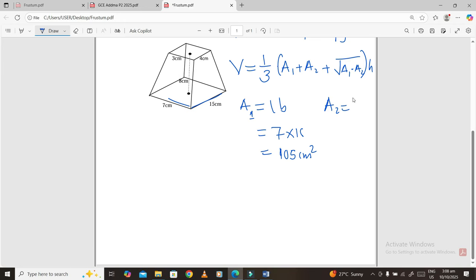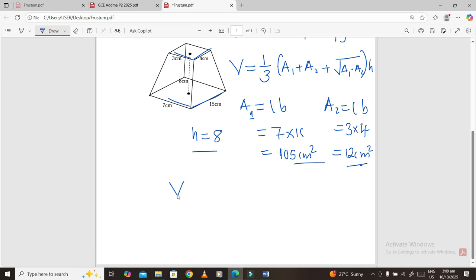Area 2 will also be L times B, which is the top part. That is 3 times 4, which gives us 12 centimeters squared. These are the two areas, area 1 and area 2. For the H, it will just be 8 centimeters, the height.